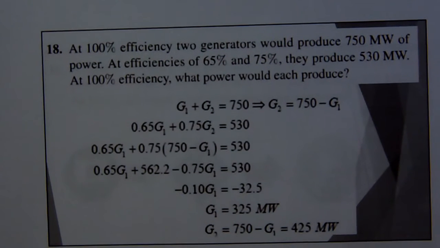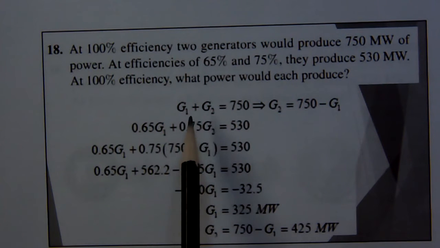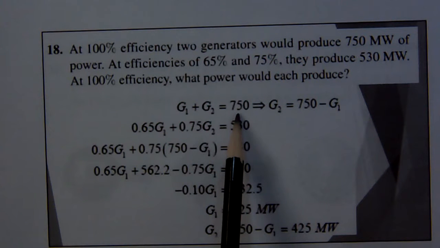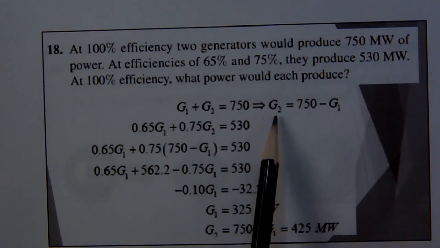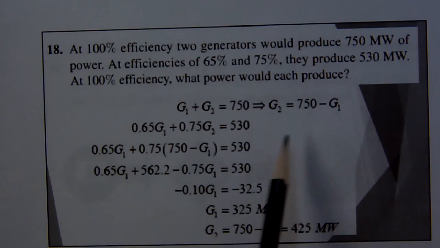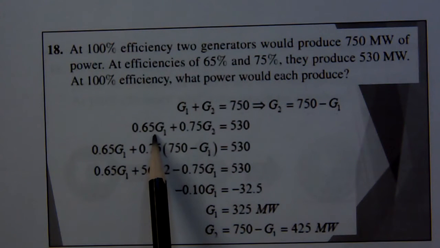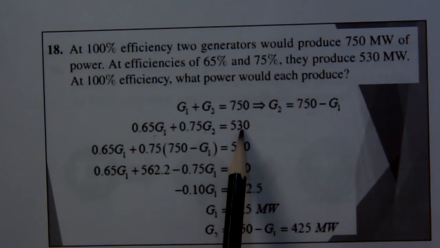Now we're back. So you see the two plants add together to give you, at 100% efficiency, 750 megawatts. That means that if you solve for G2, G2 is 750 minus G1. And 65% of G1 plus 75% of G2 is 530.